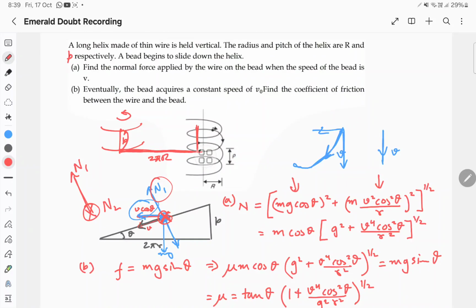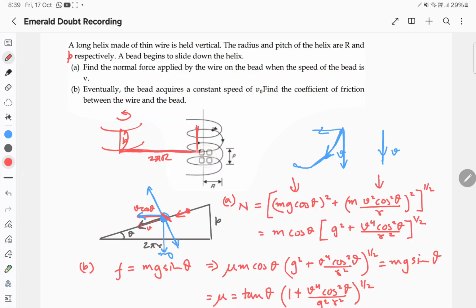Eventually the bead acquires a constant speed. So they are saying that the bead has acquired a constant speed v naught while going down. It would have acquired a constant speed if the force along this incline is 0.